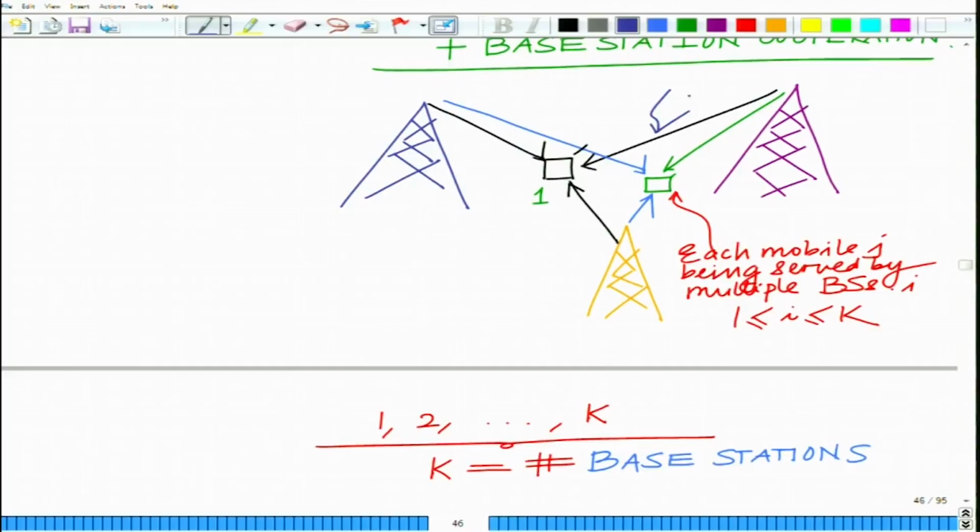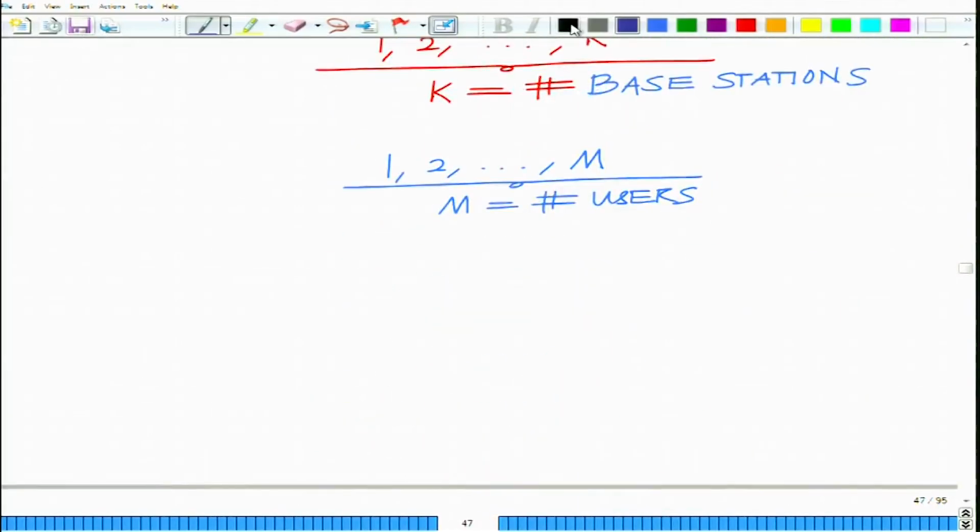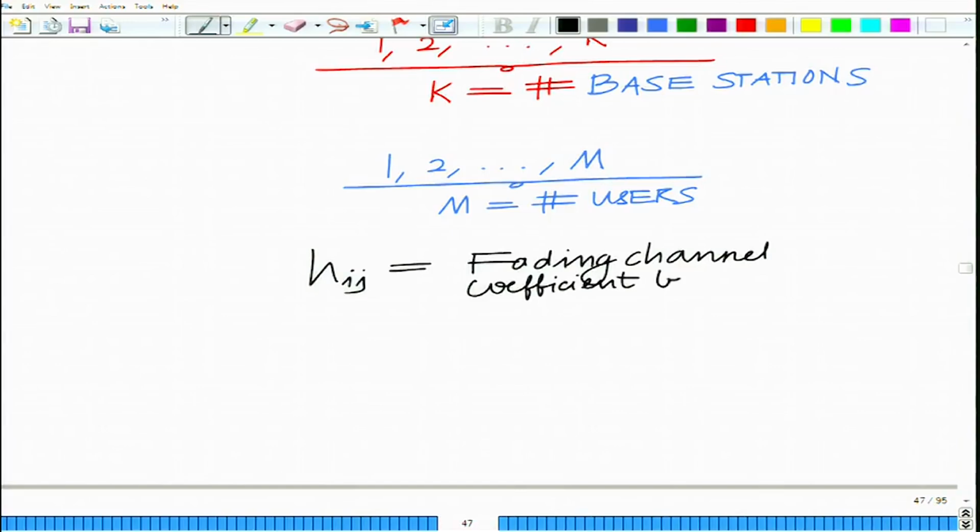So, you will have a fading channel coefficient Hij, and Hij is the fading channel coefficient between the ith base station and the jth user.